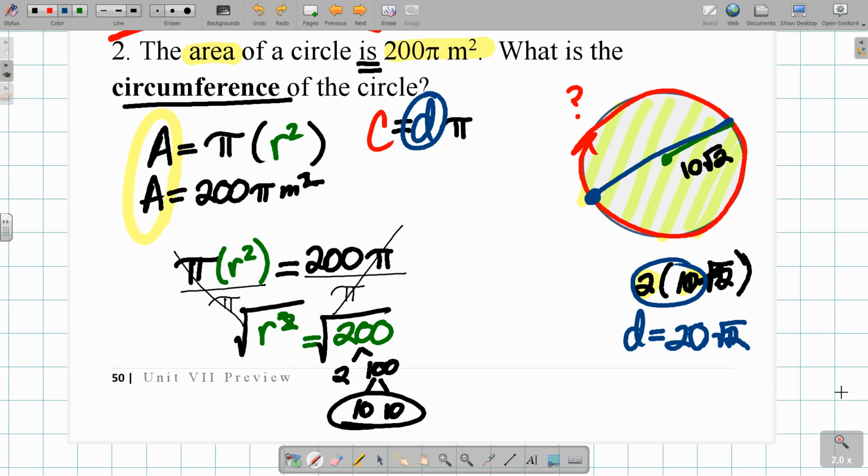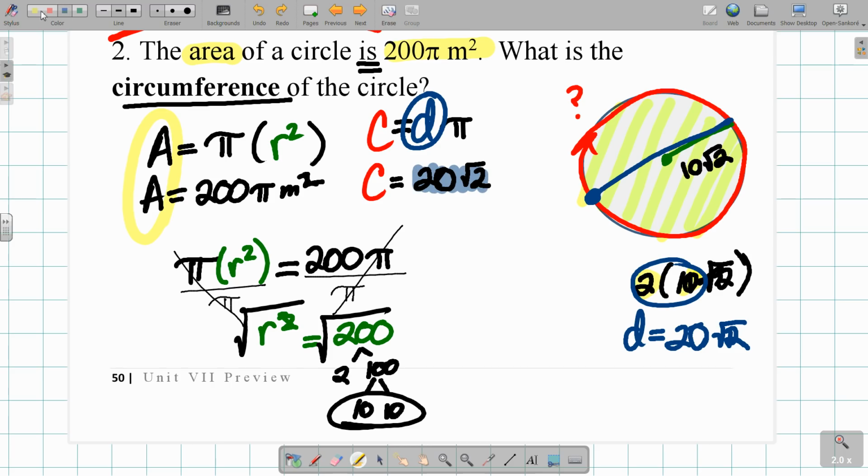So to find the circumference, we come over here, we plug it in. So our diameter gets plugged in with 20 root 2.